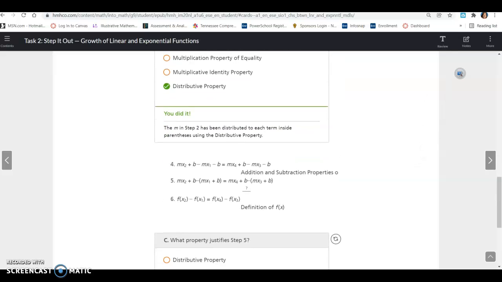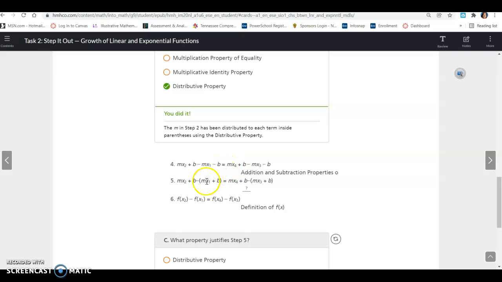What property justifies step 3? Okay, and again, distributive property just multiplies that out. All right, from step 3, they're going to go down, and it's got m times x2 plus b, and then we're going to subtract b. So what they're doing in this step is adding b to both sides and subtracting b from both sides. Again, it's just manipulating the equation. Right now, these are all variables. So if you add the same thing and you subtract the same thing from an equation, you're not really changing it.